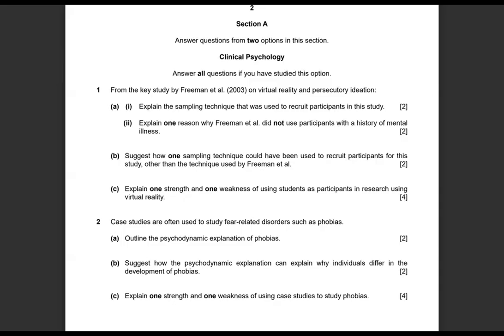Brush up on the different research method techniques: field experiments, self-report, observation, lab experiment, longitudinal studies, case studies, correlations. Read over the definitions of each, the different types of each, and the strengths and weaknesses of each, because there is a design study element in paper 4, and you would need to know each of these different research method techniques in order to design your study.